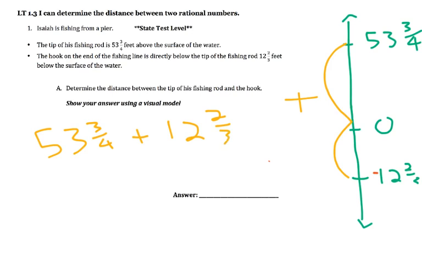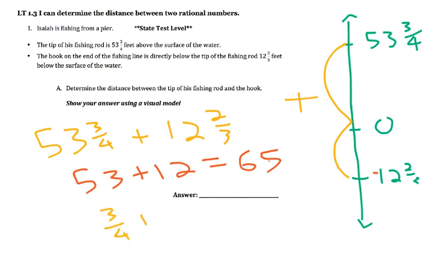So to start off easy, you could add the two whole numbers, 53 plus 12. And then you add 3/4 plus 2/3. But then they have unlike denominators.